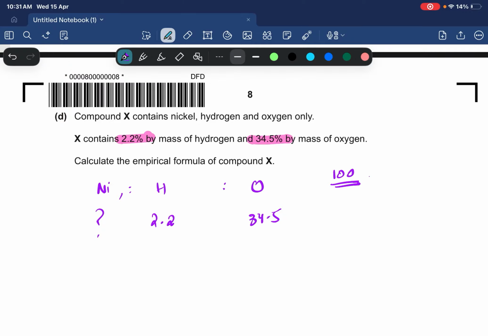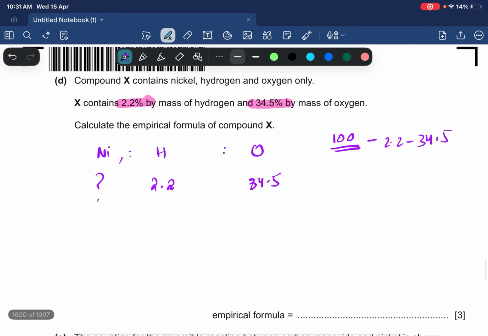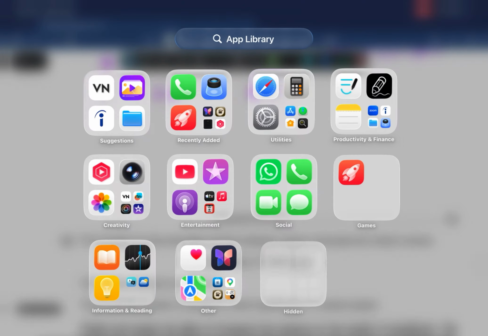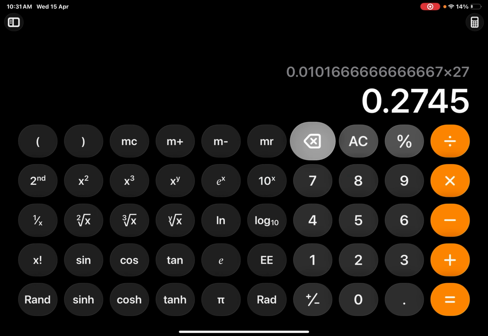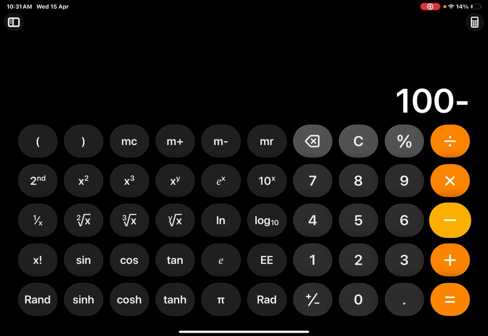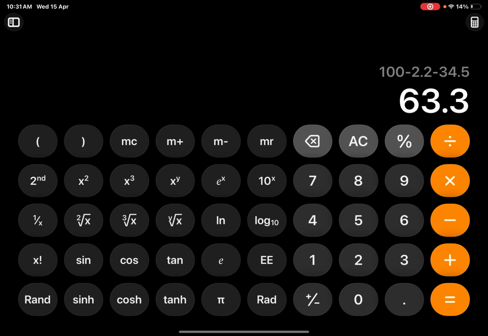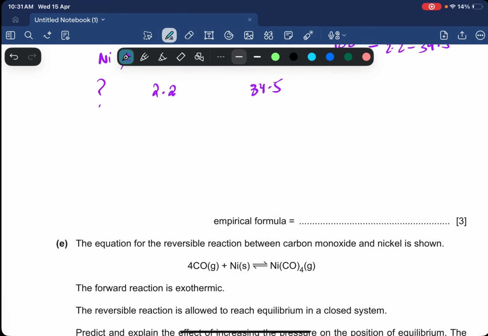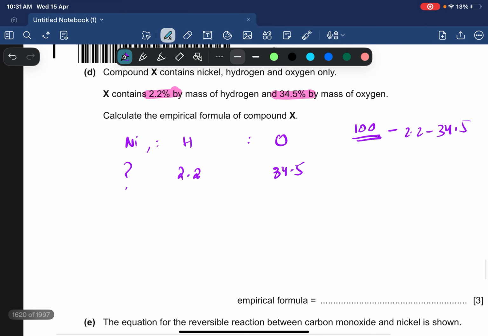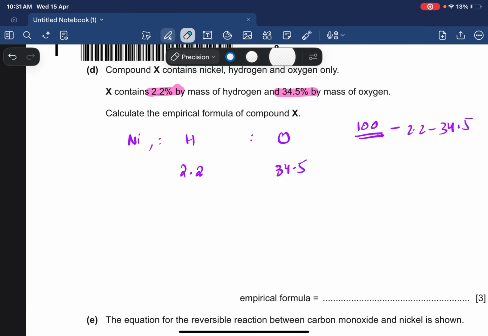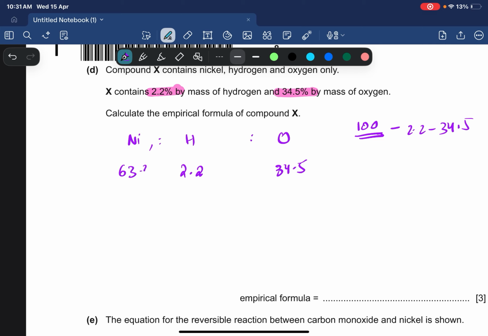So 100 minus 2.2 minus 34.5. 63.3% is going to be nickel.